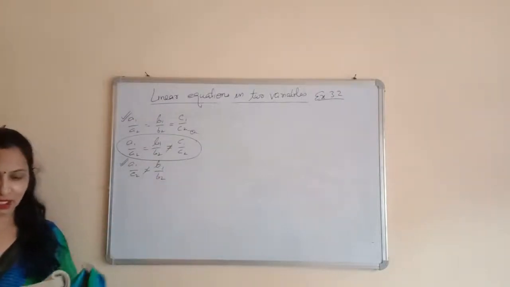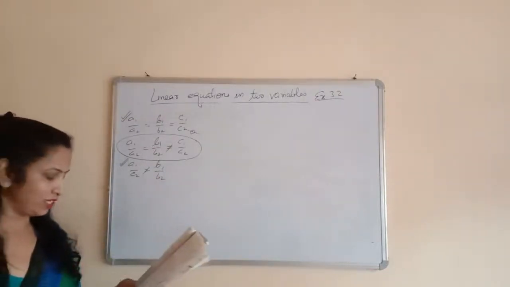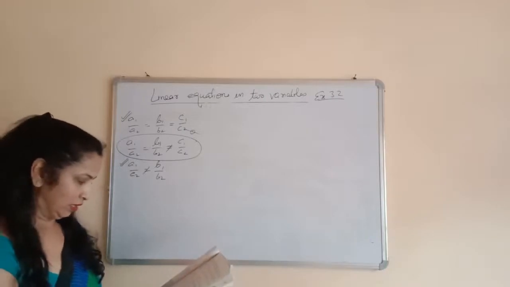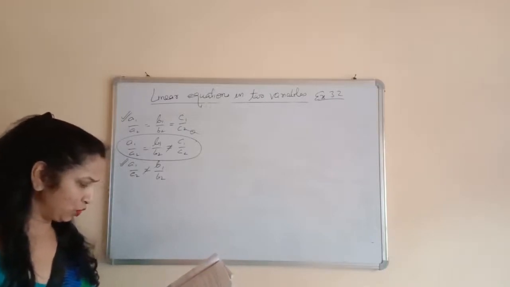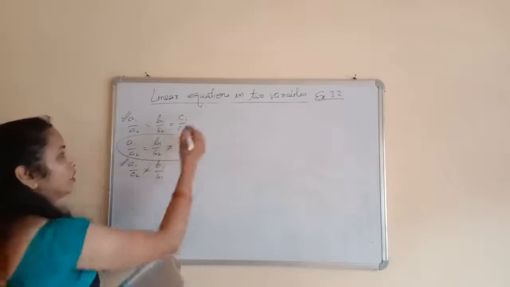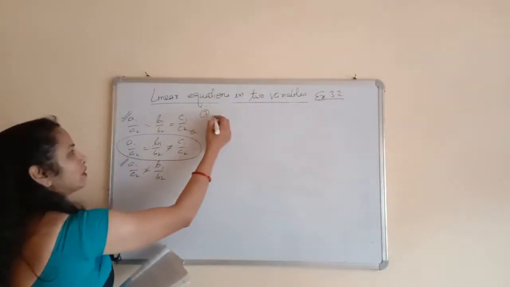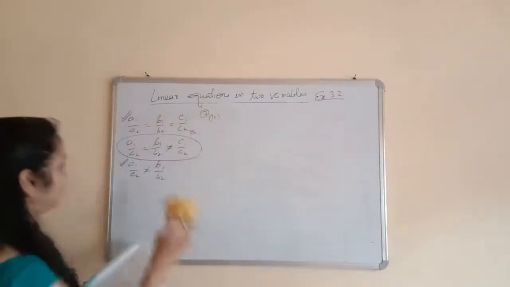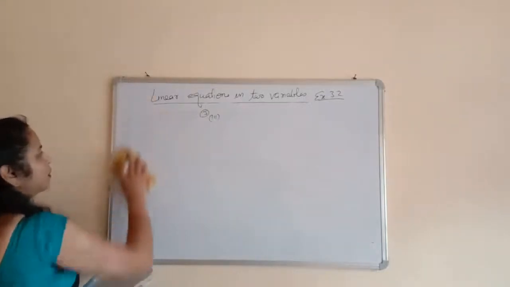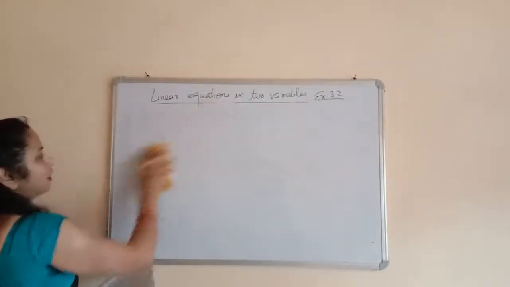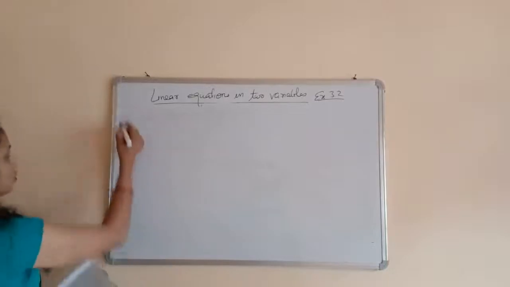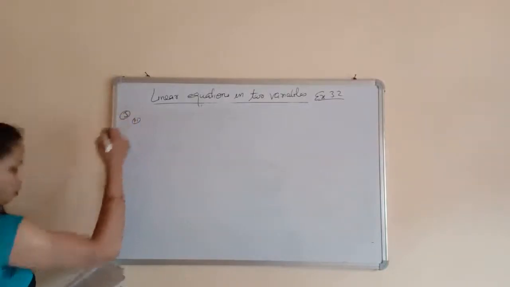So by comparing the coefficients of x and y, we can find this. I am going to explain question number three, third part. I am explaining this part because it is in fractions and most of the students have problems with fractions. So this is the third part of the third question.